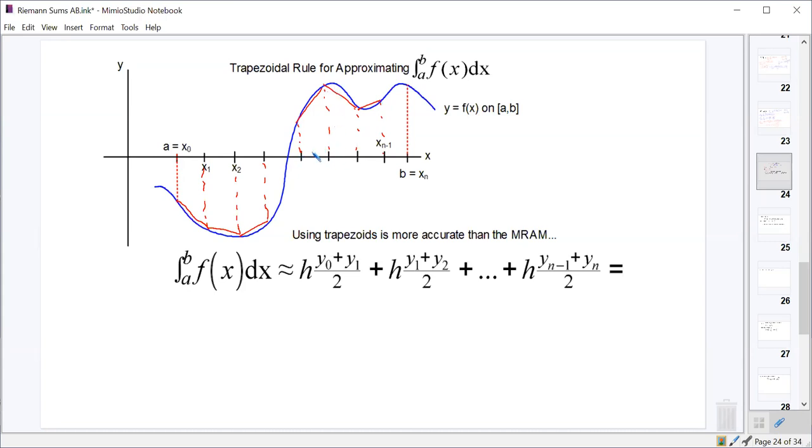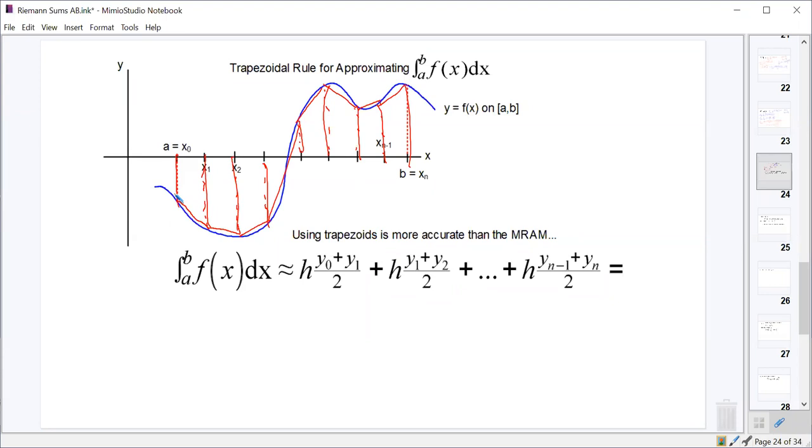And then the height of the trapezoid is just the length of the subinterval. Everybody see that? So draw a bunch of trapezoids in here. Good or no? Yeah. Okay, cool.